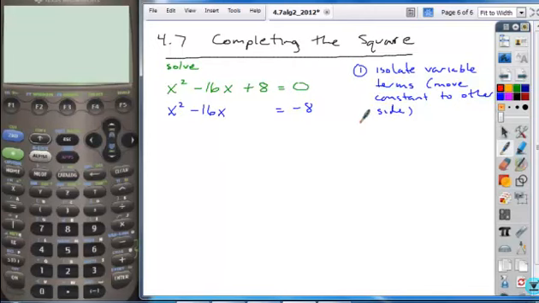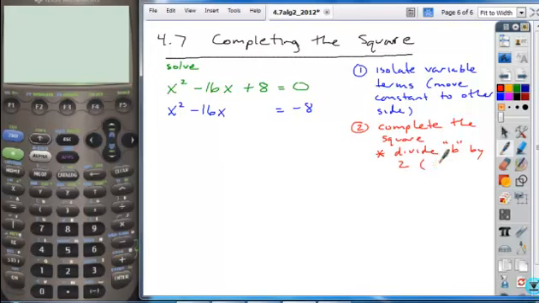Once you do this, you're going to actually complete the square. And completing the square requires the following steps. You're going to divide the b value, the first degree term's coefficient, by 2.